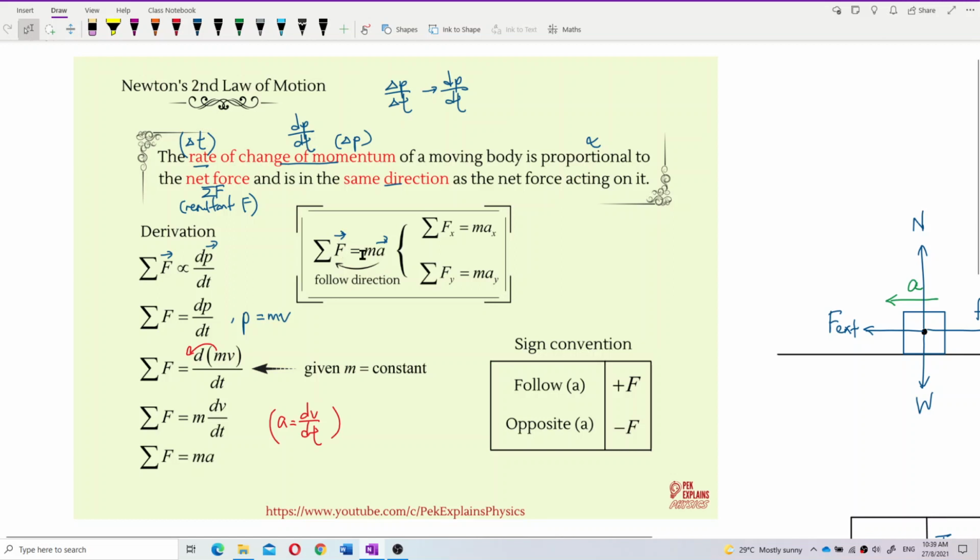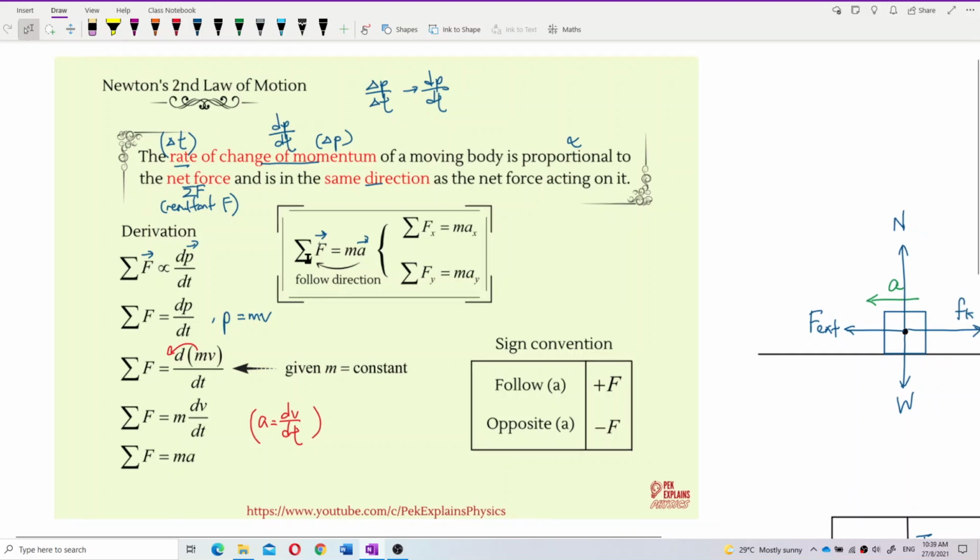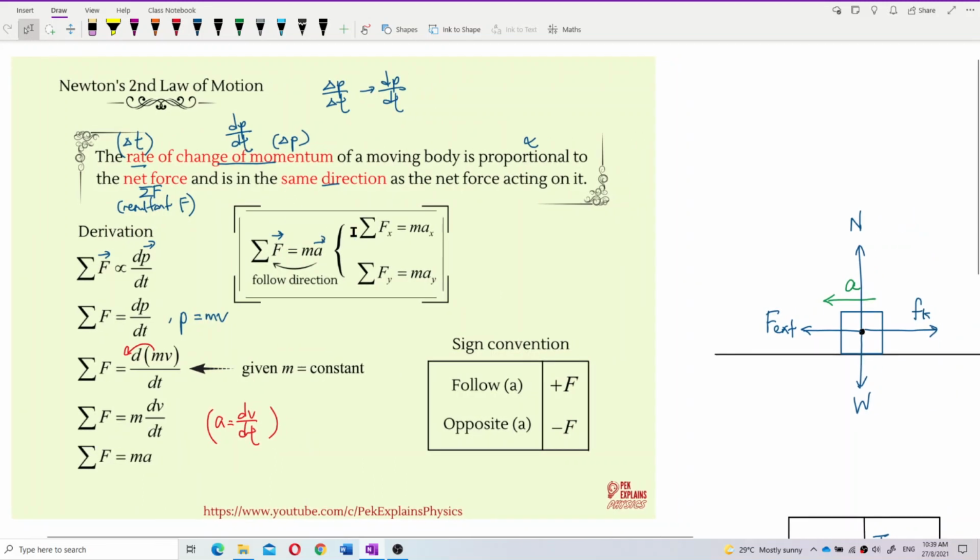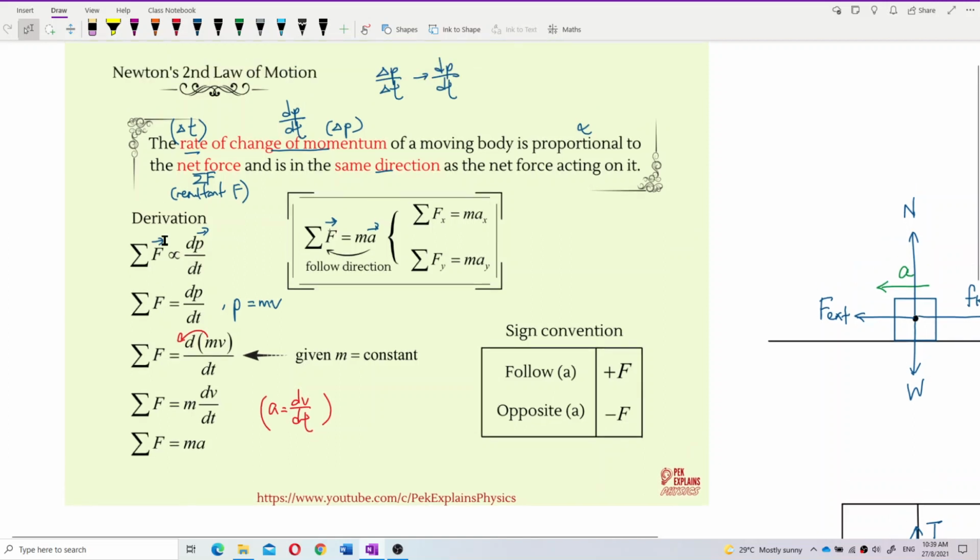Instead of saying that the rate of change of momentum is proportional to the net force, we can also say acceleration is proportional to the net force and in the same direction as the net force. Last time we said total force is proportional to the rate of change of momentum. Now we can say the other way around: the total force is also proportional to acceleration.